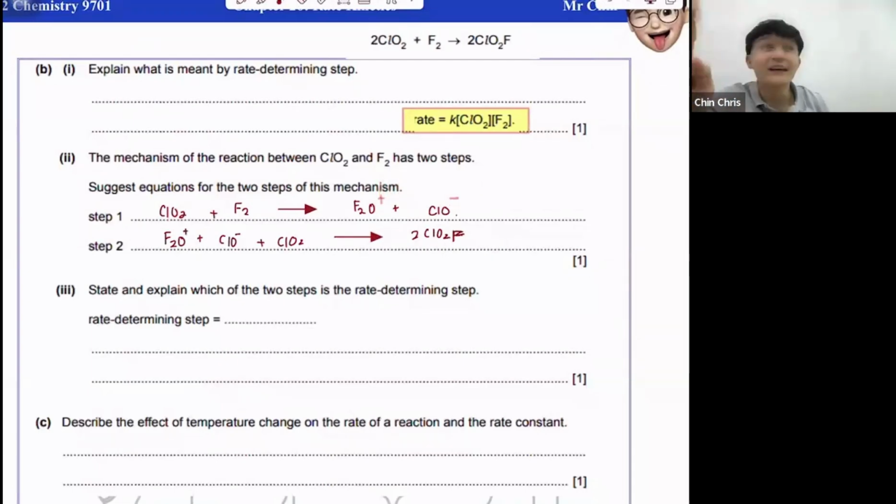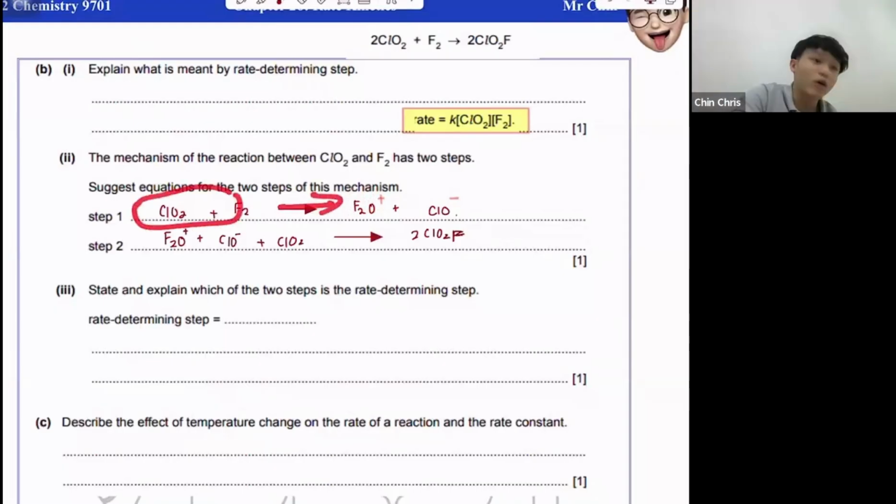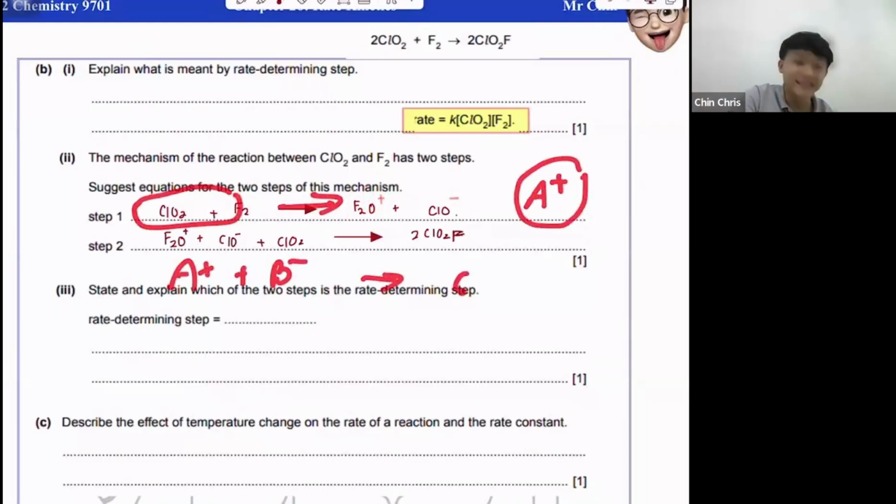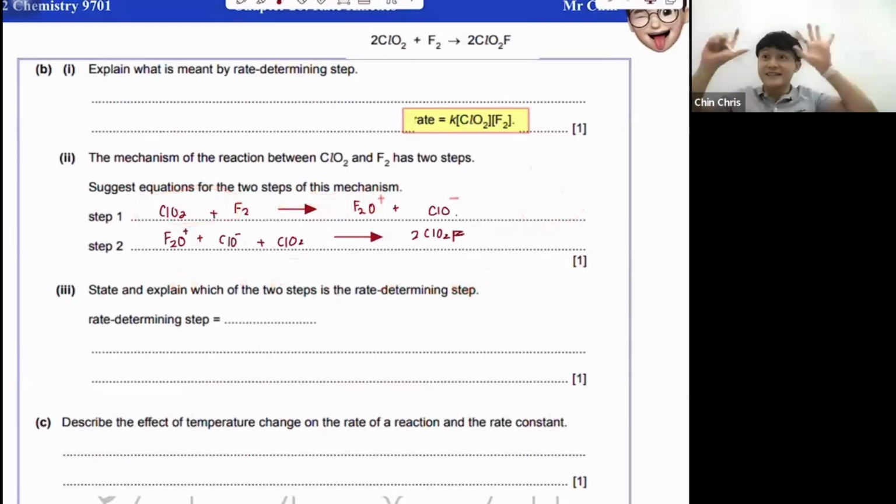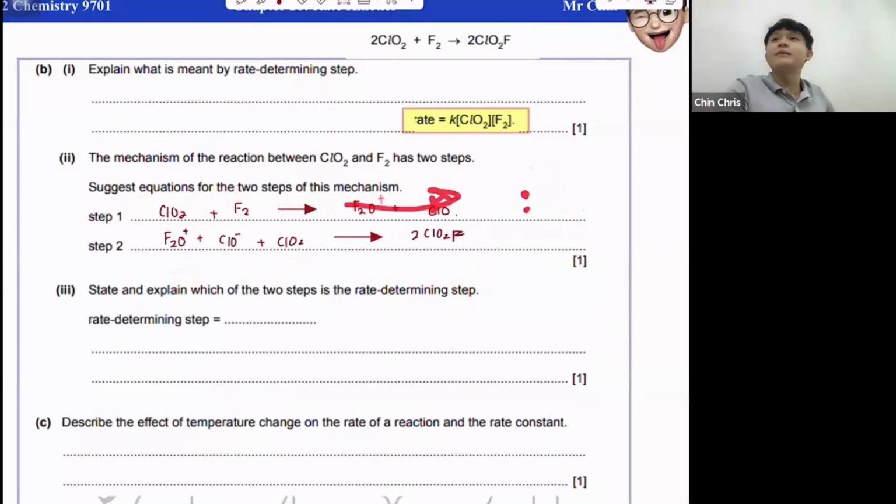They give you 2 steps. You know IBDP chemistry, they have 7 steps. You know how 7 steps is going to look like? ClO2 plus F2, you can create your own element A+. Then A+, B-, C2-. That is IBDP. I'm not kidding. IBDP can have 7 steps. It's crazy, like suddenly, out of nowhere, a hypothetical element comes out.